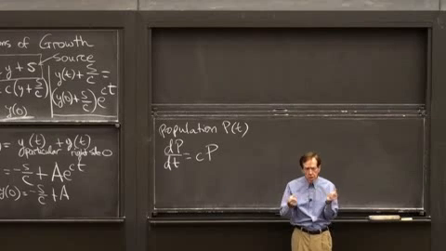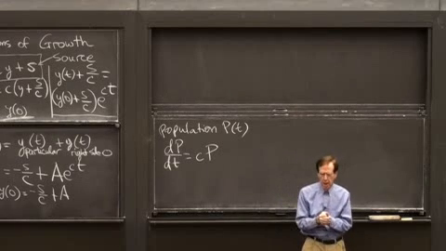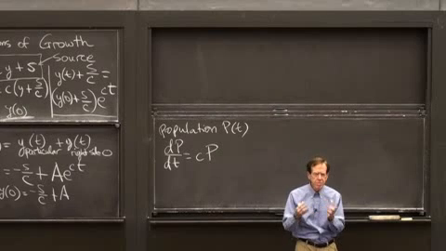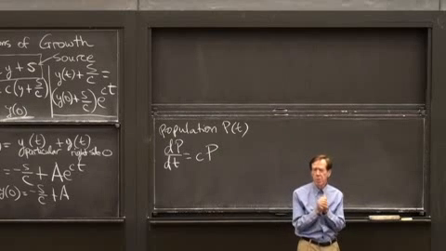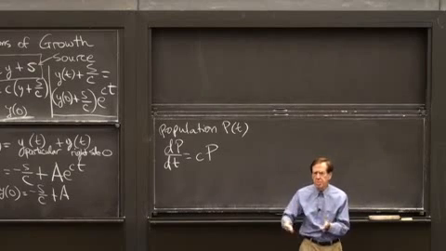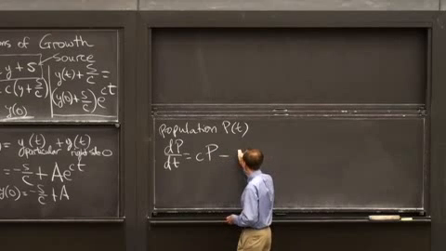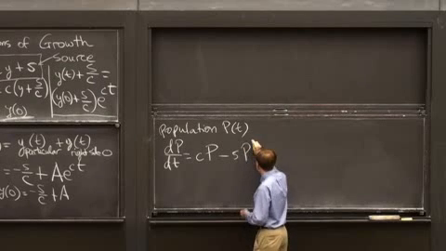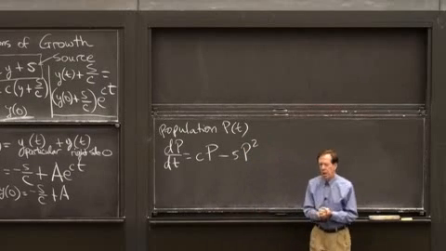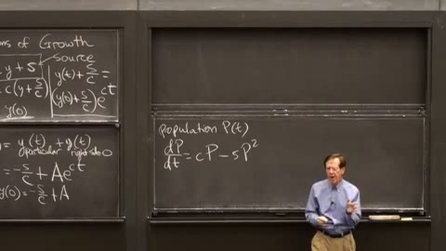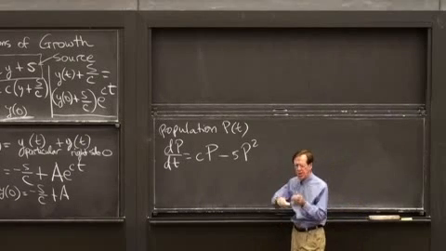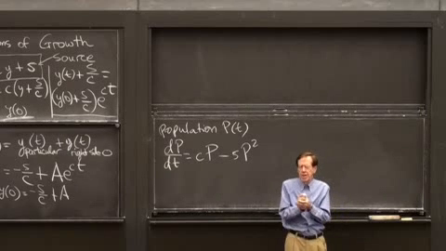As the Earth fills up, there's maybe a competition term, some slowdown term, so it's going to have a minus sign, and maybe an s for a slowdown factor, and I'm going to take P squared. That reflects sort of population interacting with population.